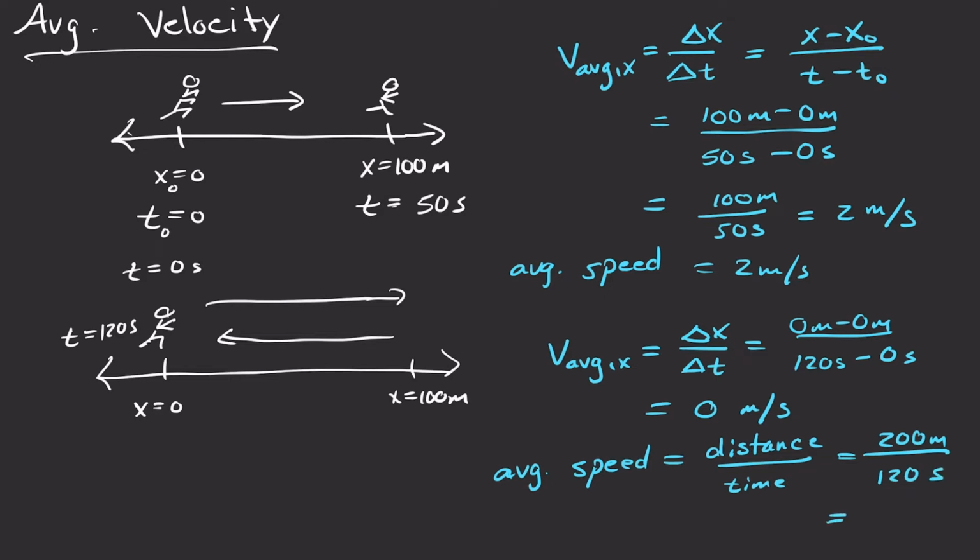And so that is about 2.4 meters per second. So this is really how fast we were going, but because we spent half of our time moving right and half moving left.